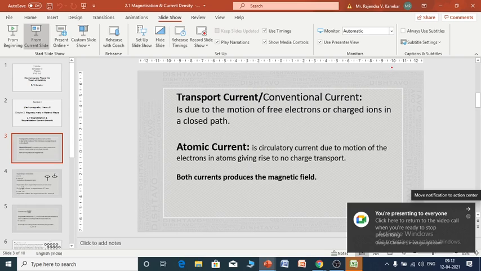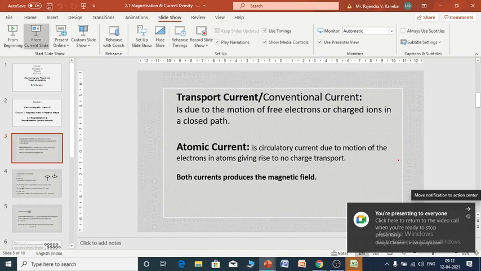But suppose we have a non-uniform distribution like this, where on one side of this line there are more atomic currents than on the other side. In the diagram I have drawn, you will find that more current is downward than upward.